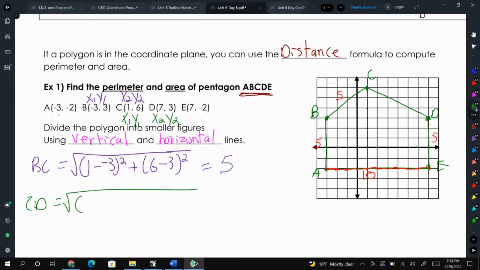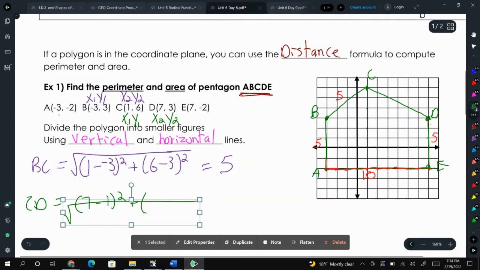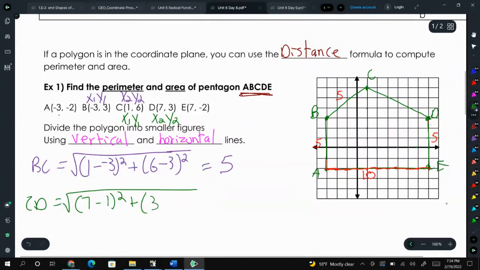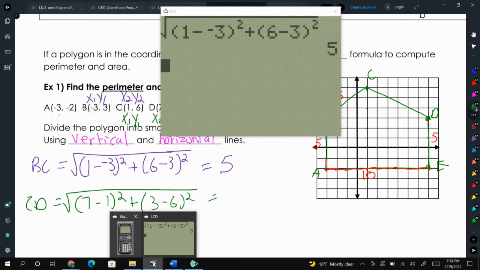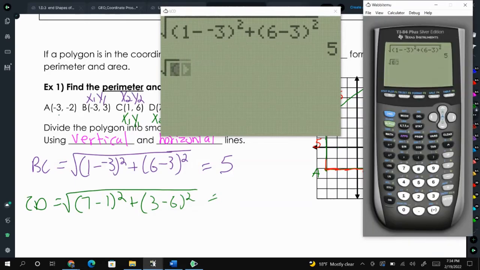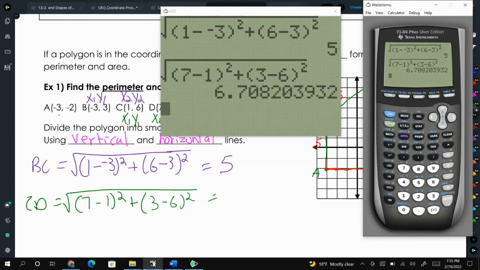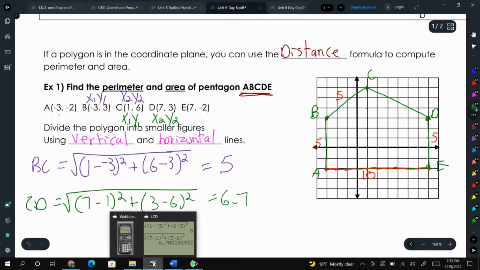All right, so now x2 is 7 minus x1 is 1 plus y2 is 3 minus y1 is 6 squared. So let's type this into the calculator. 7 minus 1 parentheses squared plus 3 minus 6 close parentheses squared, and we get 6.71.